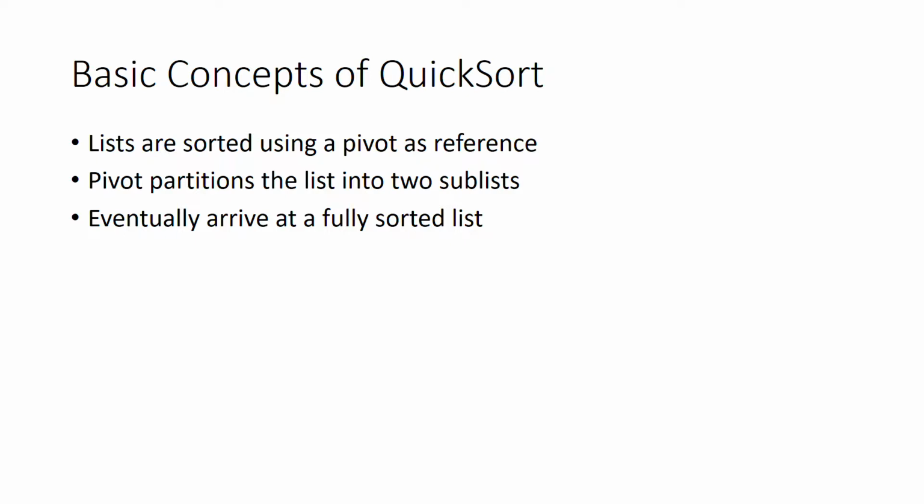What this pivot does is it partitions the list into two sublists, one larger upper sublist and one smaller lower sublist. The quicksort algorithm guarantees that after you do that, your pivot will be in the correct position. However, you cannot make that same guarantee with the elements in the two sublists. So you will have to recursively perform the quicksort algorithm until you finally arrive at your fully sorted list.